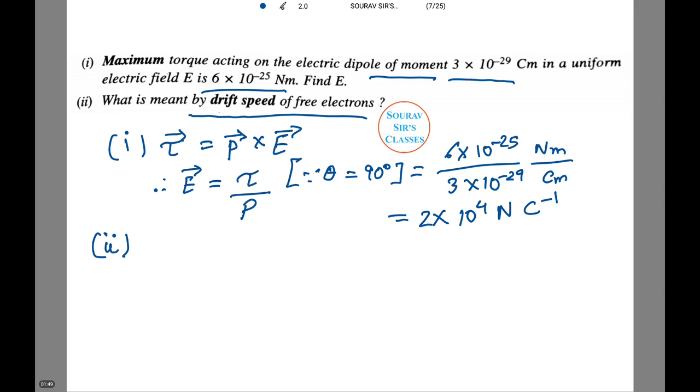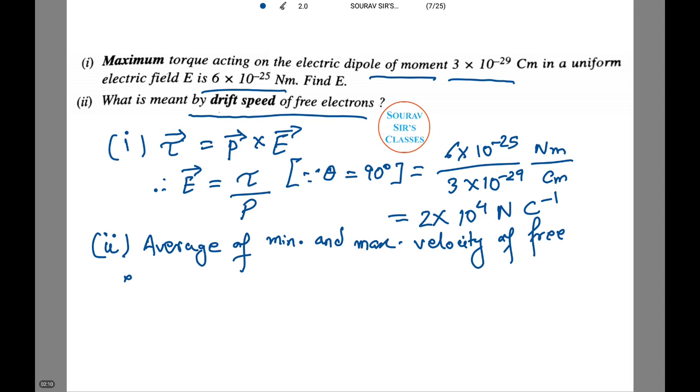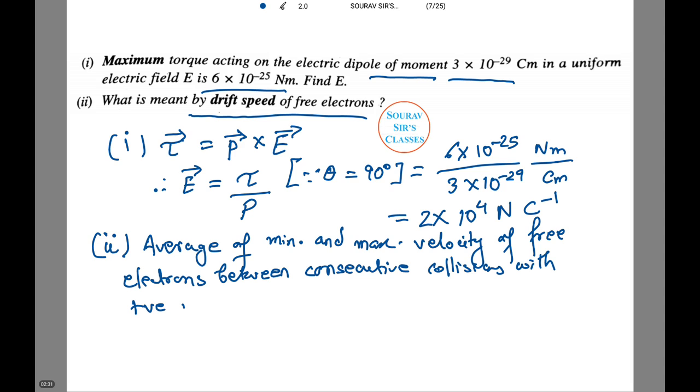Drift speed of free electrons means the average velocity of free electrons between consecutive collisions with positive ions.